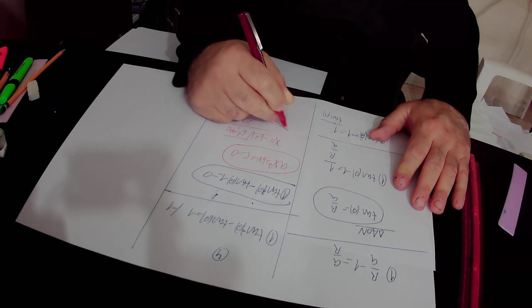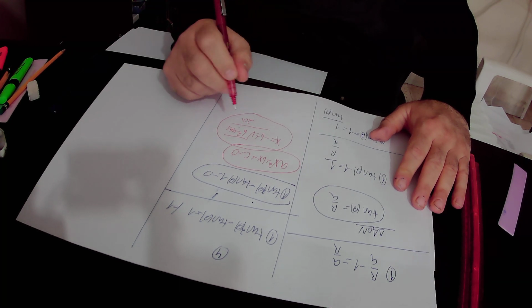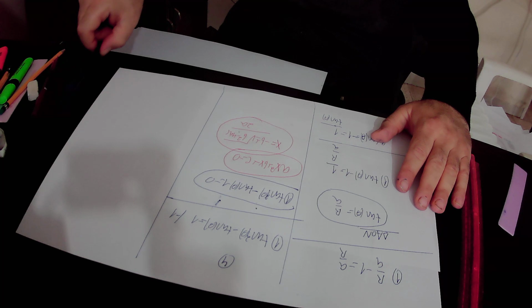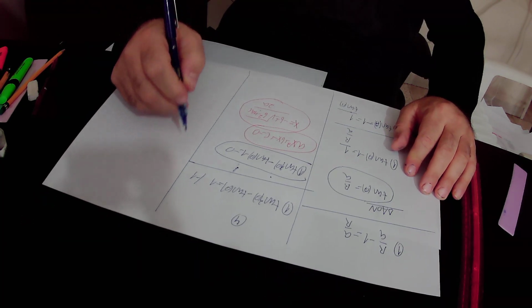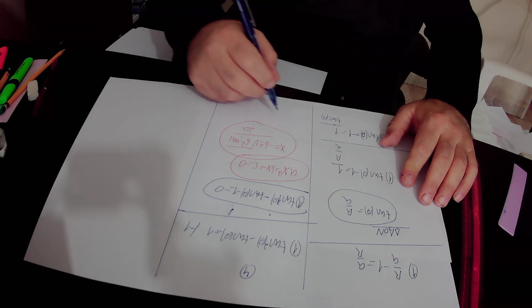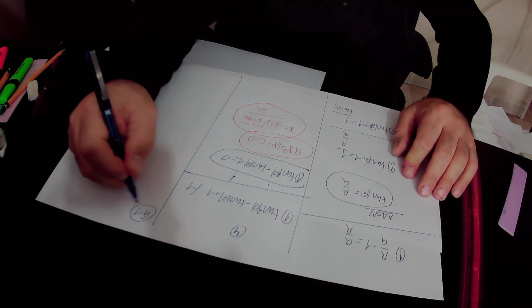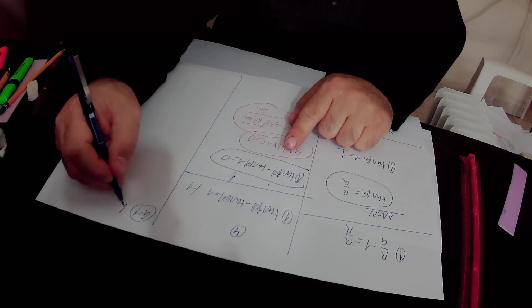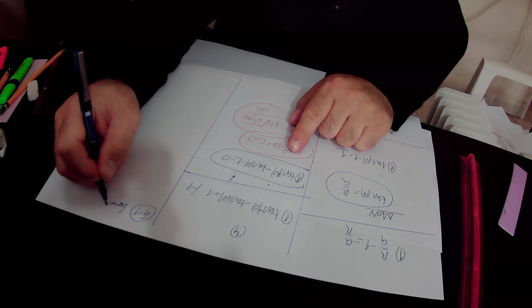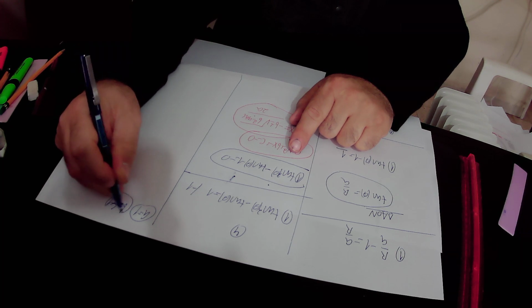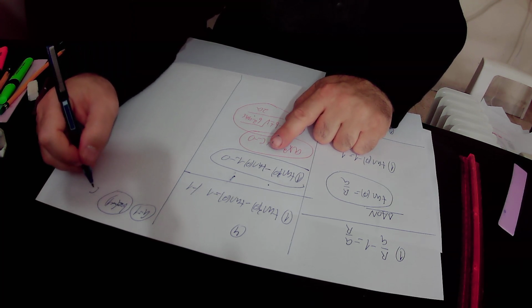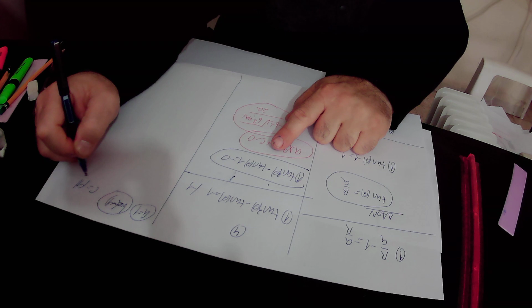In our specific quadratic equation, the coefficient a is equal to 1, the coefficient b is equal to minus 1, and the coefficient c is also equal to minus 1.